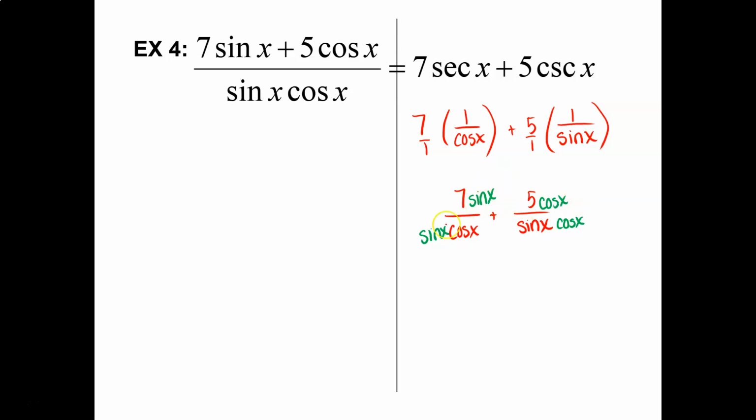So when I put this together now, since they have common denominators, I will have 7 sine x plus 5 cosine x over, you don't add those denominators together, it's just going to be sine x cosine x, which, if you look over at the other side, is what we've got.